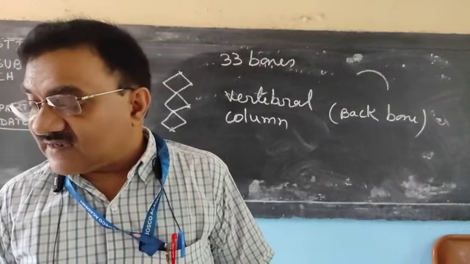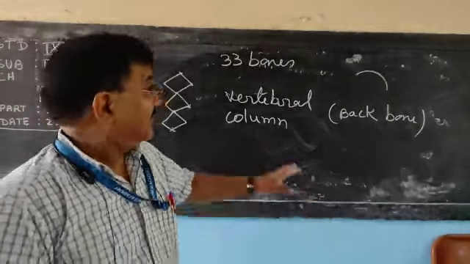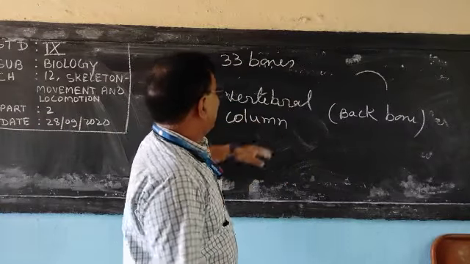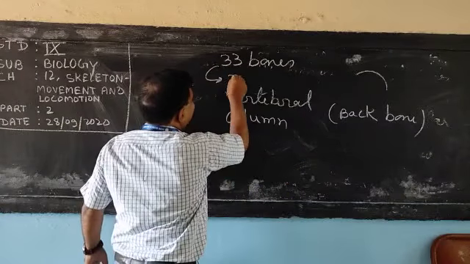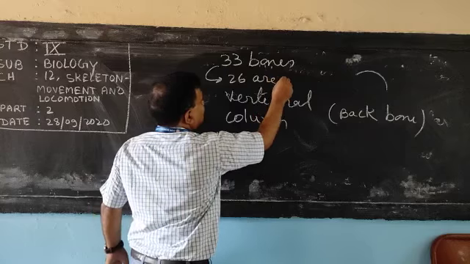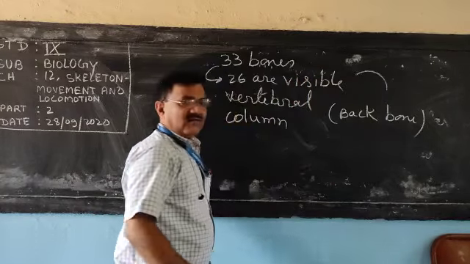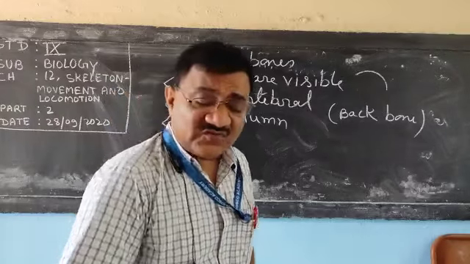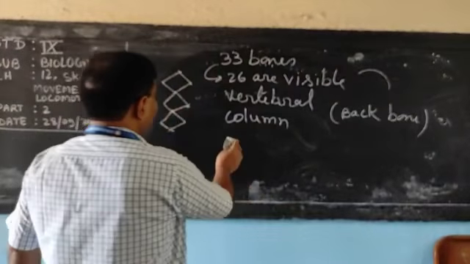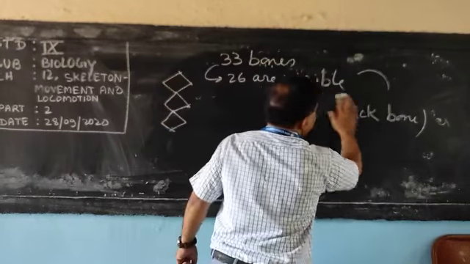So this part is clear, and out of 33 only 26 are visible. What happened to the others? Where do the other bones go? The others are fused together.